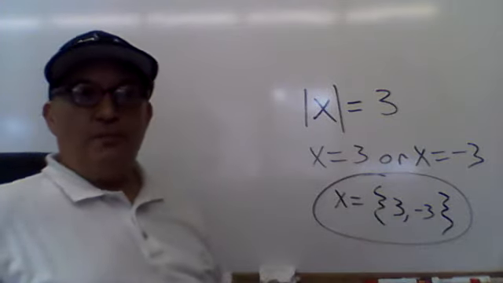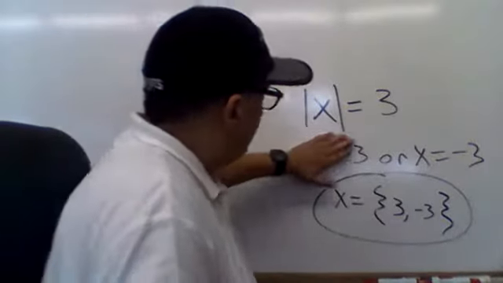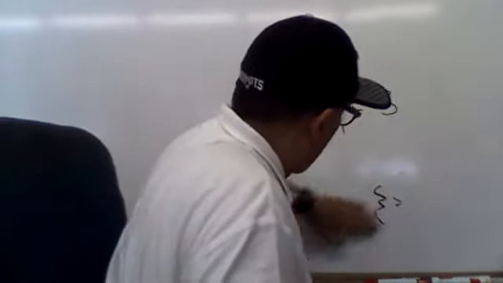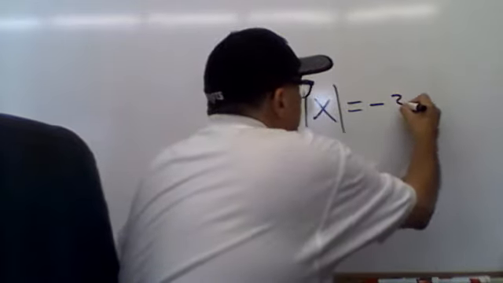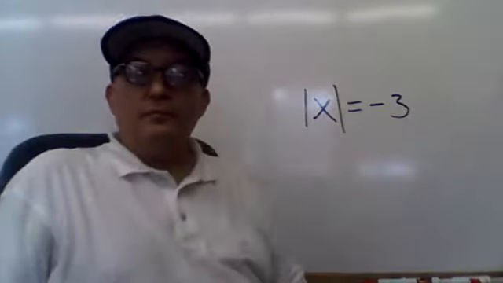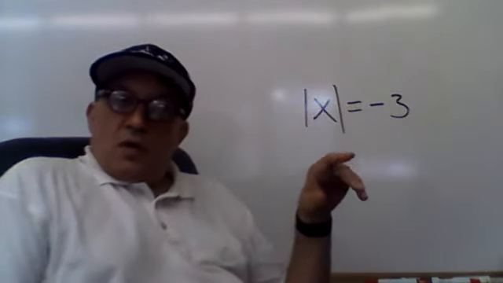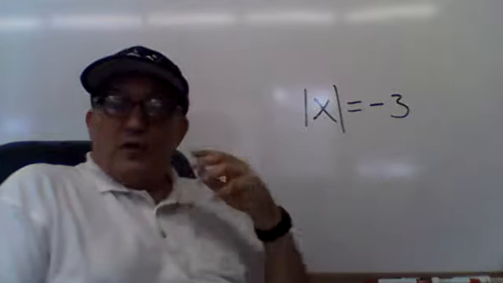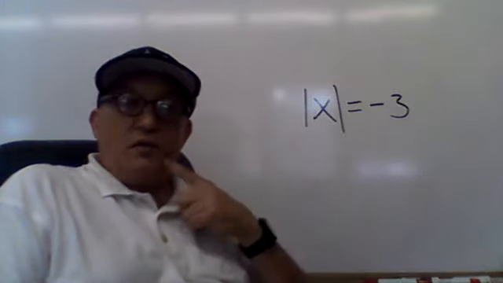How about if we change this equation a little bit? How about if we write that? Now, if you follow the definition of absolute value that I started with, you should know what to say here.